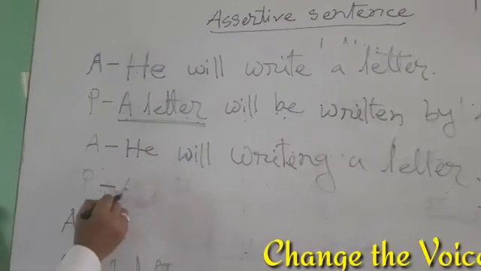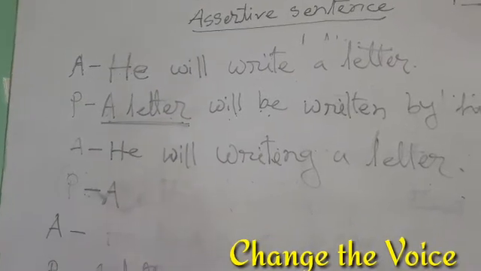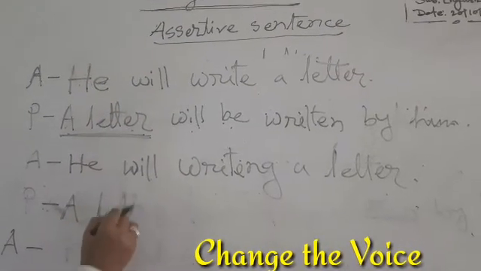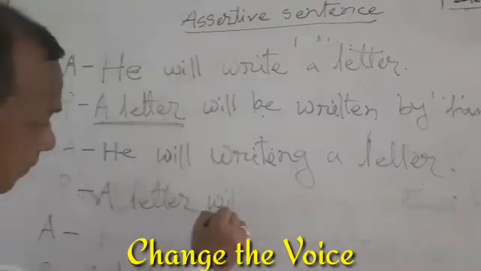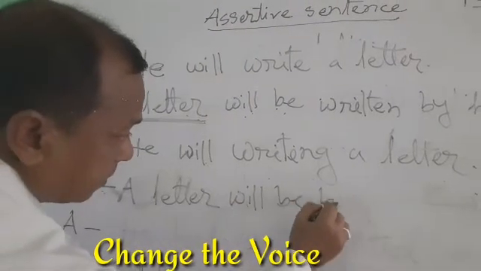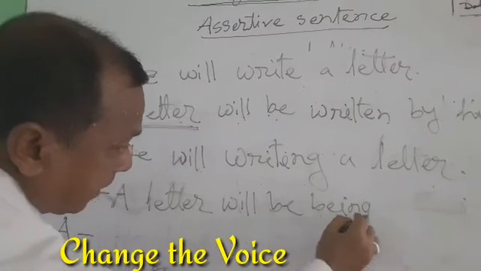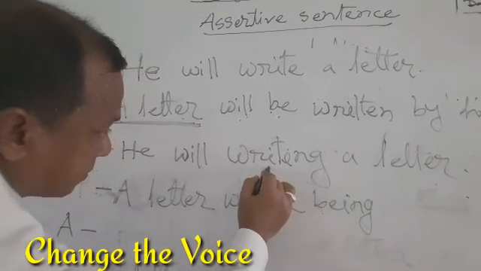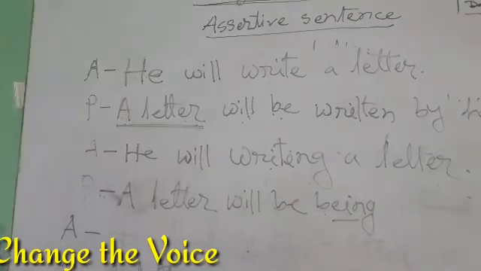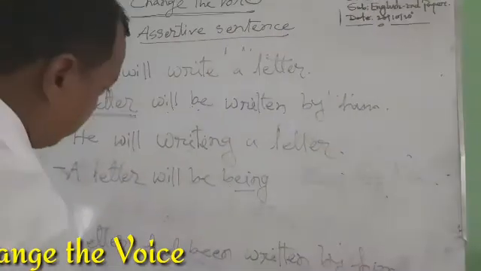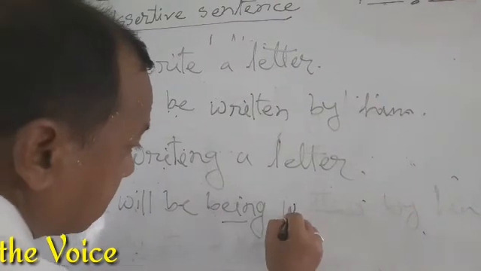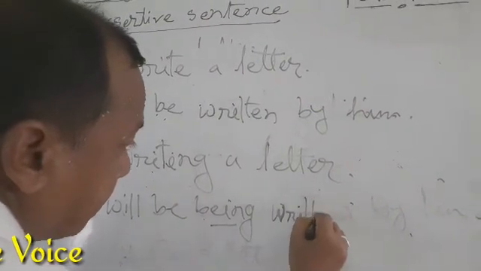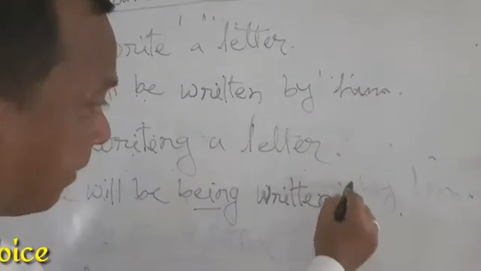So our passive will be a letter will be being, as it is present continuous tense, so we use being. A letter will be being written by him.